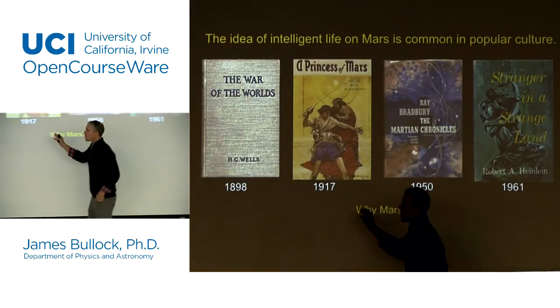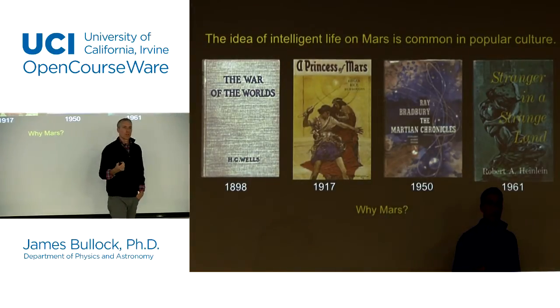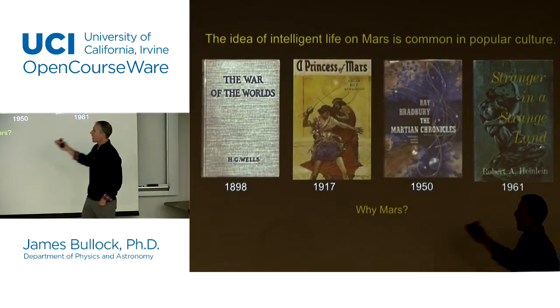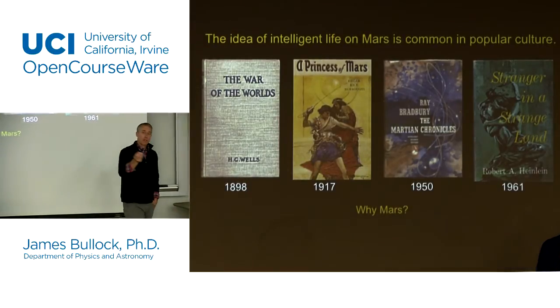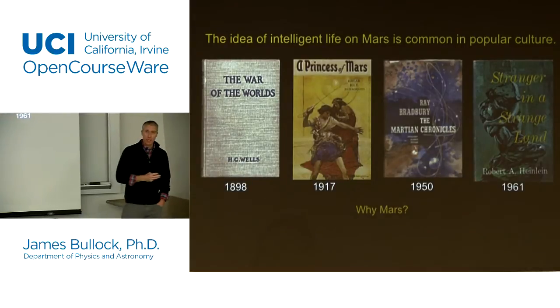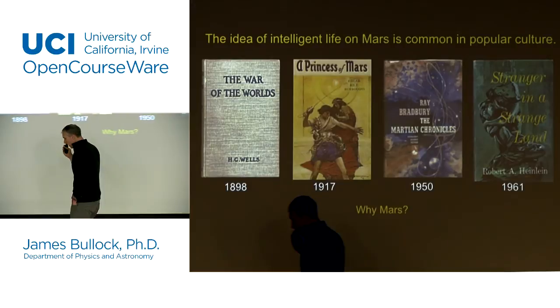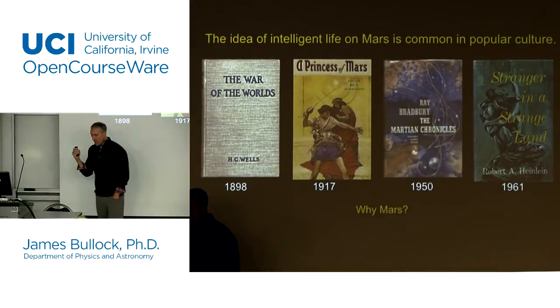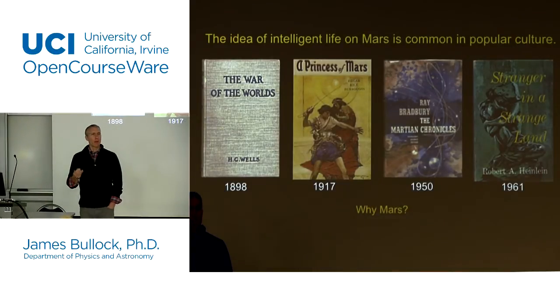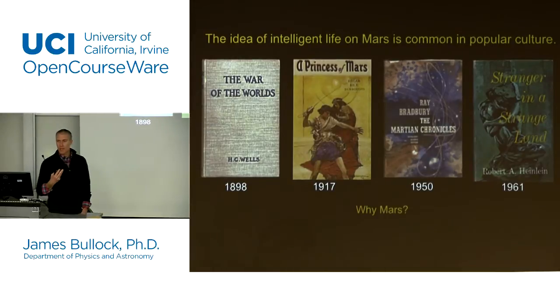But there are a large number of science fiction novels, at least in the past, where people hypothesized this idea that there was life on Mars, and in fact intelligent life on Mars, and this just seemed kind of a normal thing to think about. This was sort of an idea that has become very common.